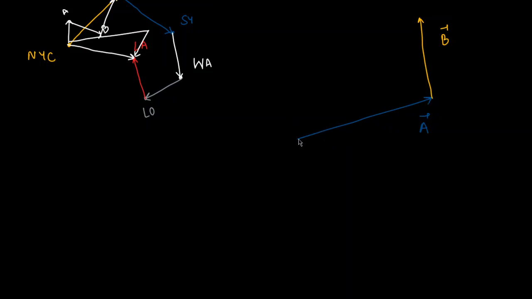You just need to take care of the starting position and the ending position, the tail of the first vector and the head of the final vector, and you just join them. So you join it something like this.